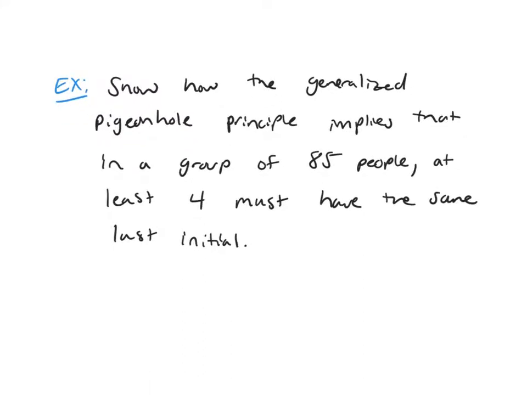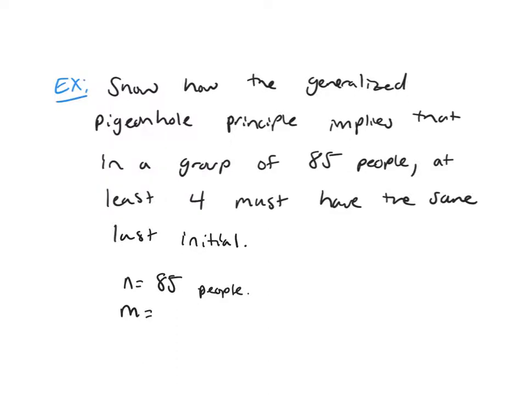So let's identify what our pigeons and holes are and our value of K. So here, M, N, our number of pigeons. N, well, there's 85 people, right? Our number of pigeonholes.